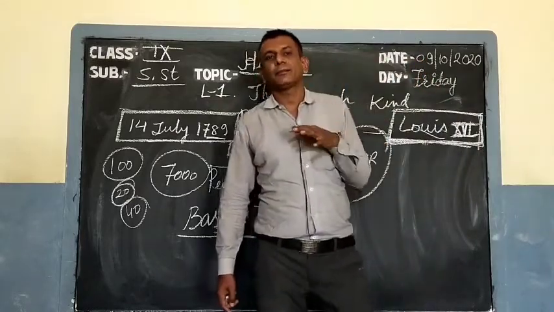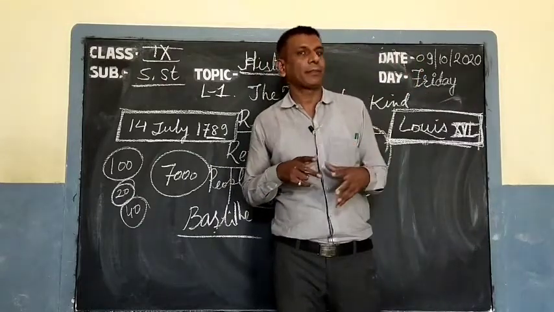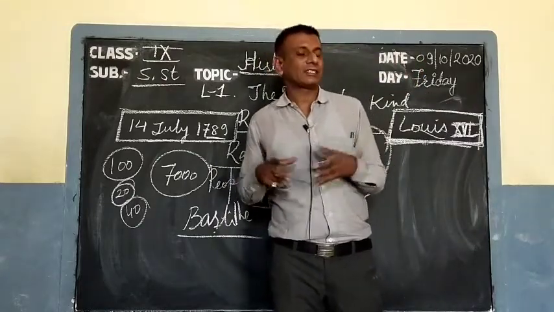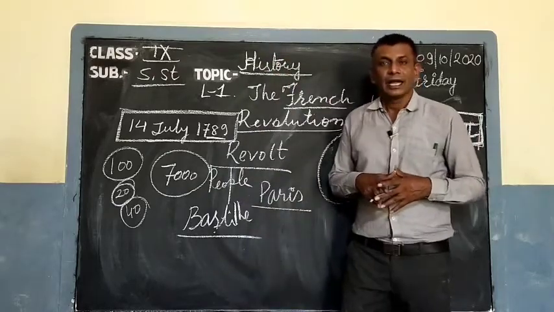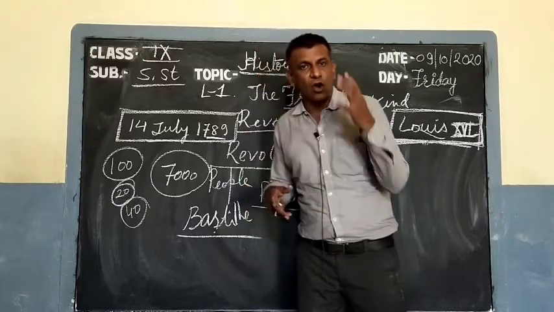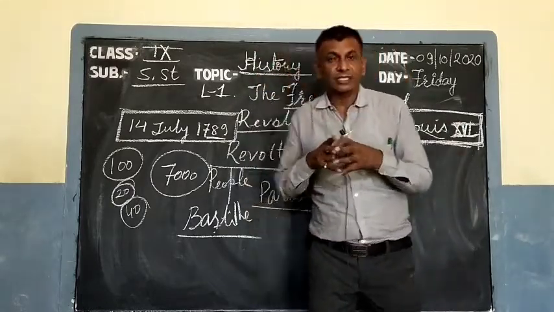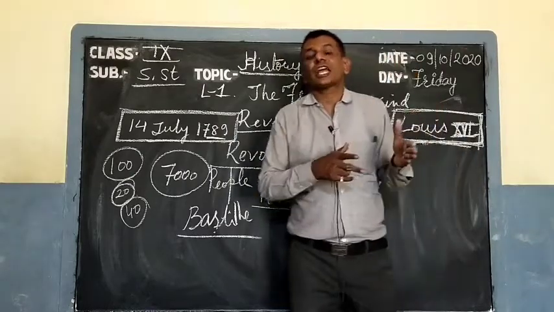That's why the people were not happy, people were dissatisfied with the system, and this became one reason of this revolt, because the gap between rich and poor was widening.